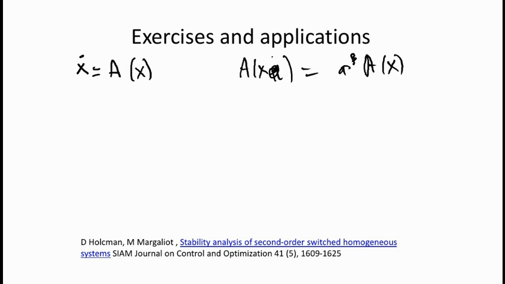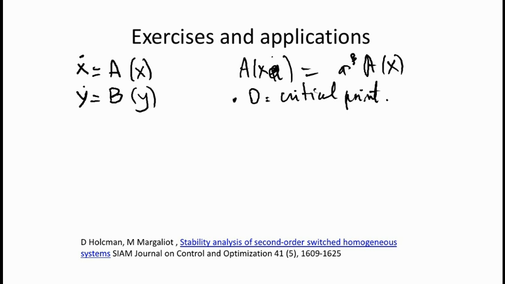So suppose you have one, and then you have a second one, and let's assume that 0 is a critical point for both of them. And 0 is asymptotically stable, which means that if you start with dynamical system A, any trajectories, let's say, rotate to 0, this is for A, and this is the same for B. All trajectories here of B go to 0.